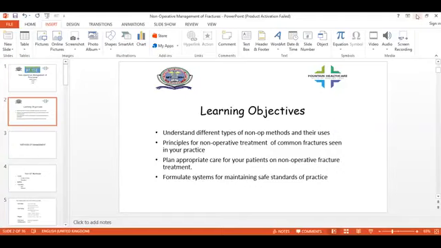So the knowledge of non-operative methods, the principle, is not obsolete yet, Dr. Abed. You still need it.